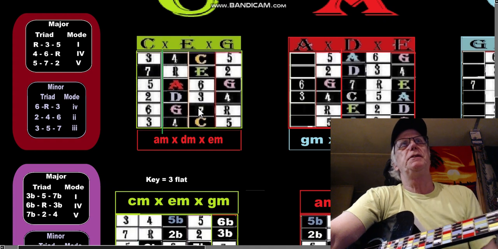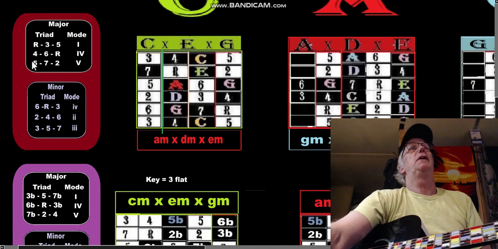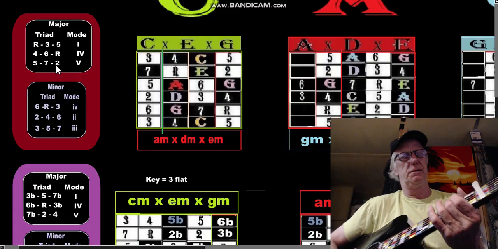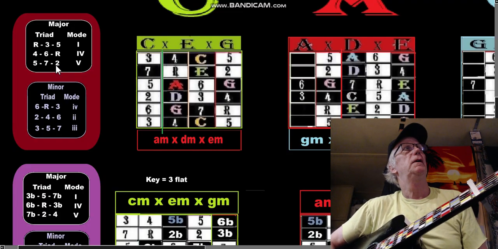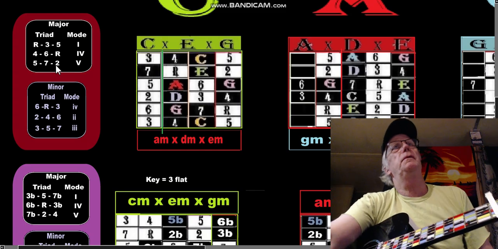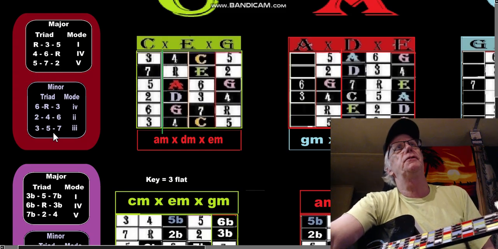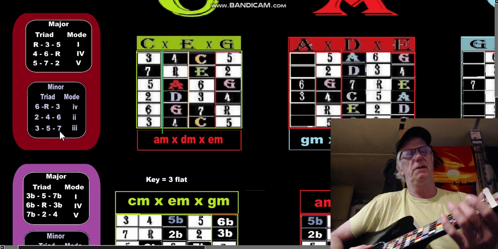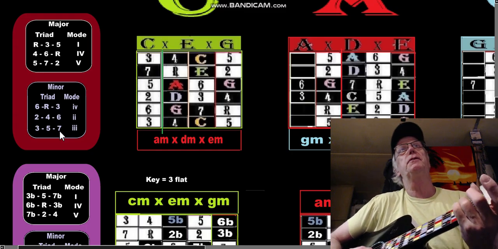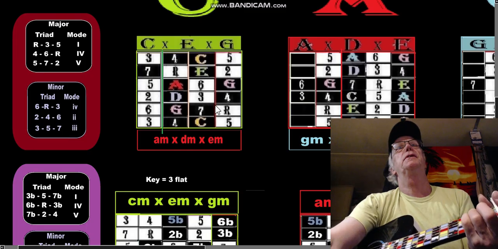So remember the pentatonic from the 5, 5, 7, 2. Well, now part of that pentatonic is the third minor, 3, 5, 7. So it's 3, 5, 3, 7, 3, the chord. 3, 7, 3, 5, 7, 3.